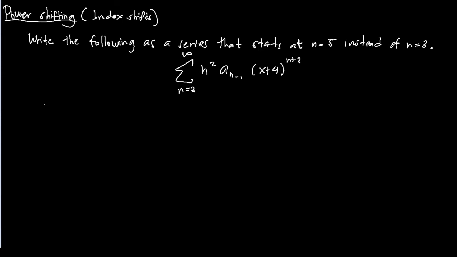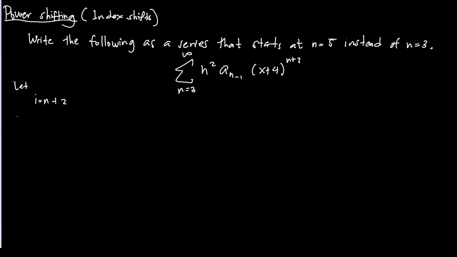Just as we have done in the previous video, we will let the variable n have another variable, say I, and express I to make an equivalency to n equals 3. Now I would do that by letting I equal n plus 2.